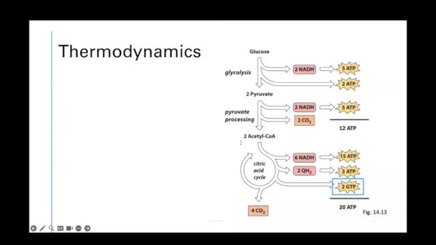So oxidation of each NADH molecule yields 2.5 ATP, and oxidation of FADH2, which is right here, already transferred its electrons to ubiquinol, generates 1.5 ATP. So the full output of a full cycle of oxidative phosphorylation can yield 32 molecules of ATP.